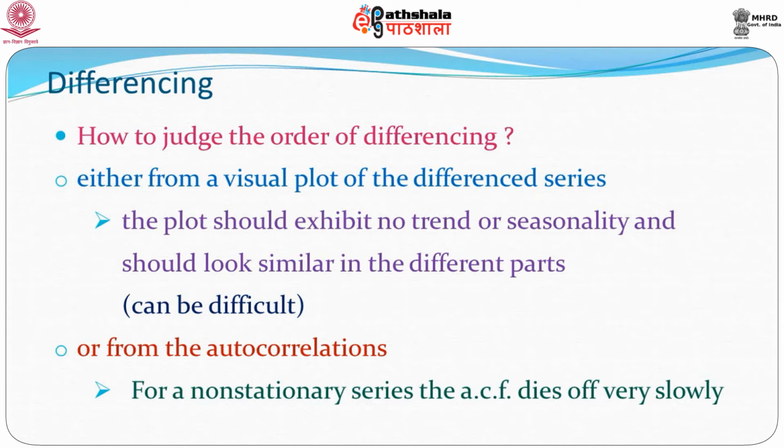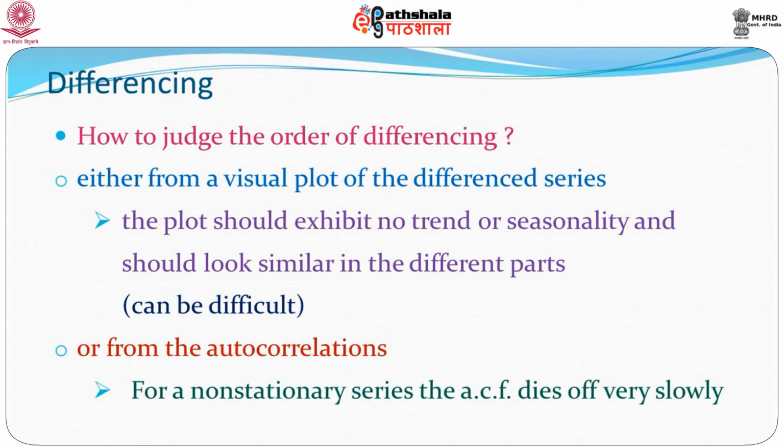Then you difference the series and compute the autocorrelations for the differenced series. See if now the autocorrelation function is going down much quicker. Keep doing this until it actually does go down quicker. That way we can identify and eliminate the non-stationary part.